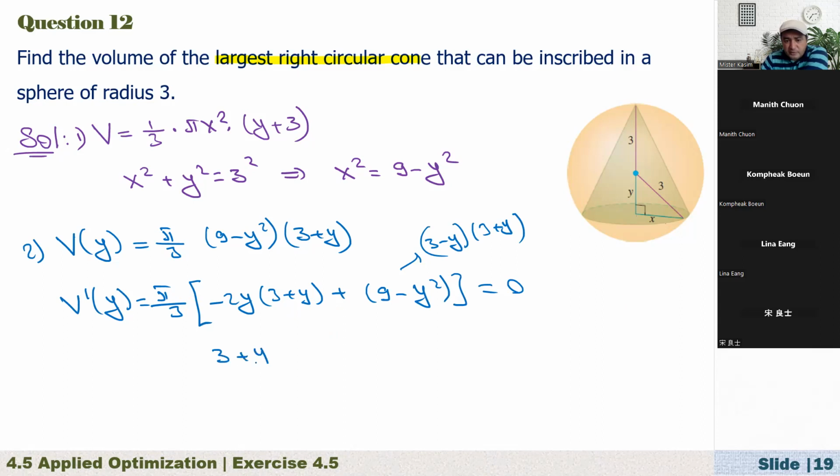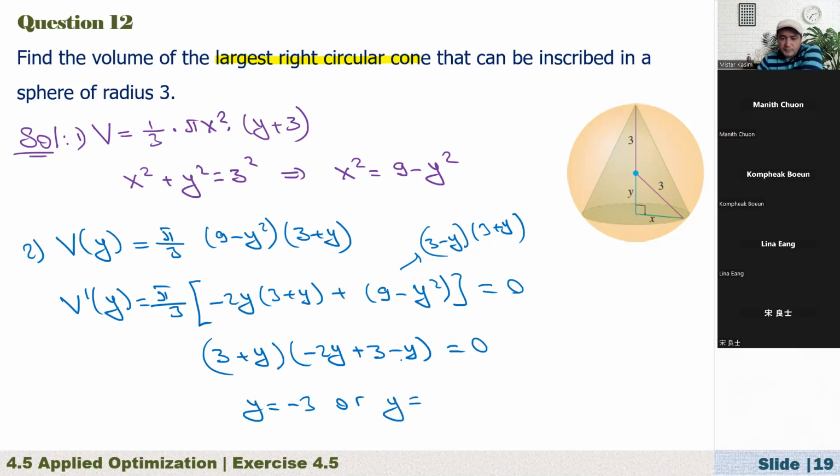If you factor out 3 plus y, here we have negative 2y plus 3 minus y, and this should be equal to 0. So from here, y should be equal to negative 3, or 3y is equal to 3, so y should be equal to 1. As this first one is negative, it is rejected, because we are talking about length.